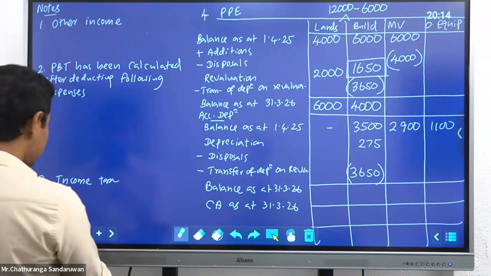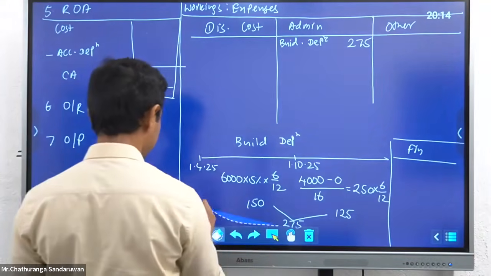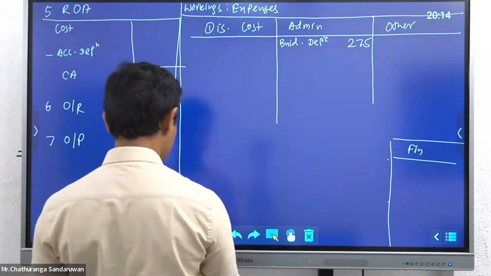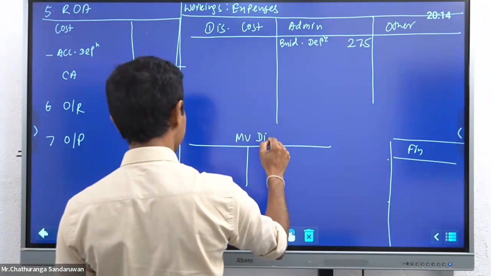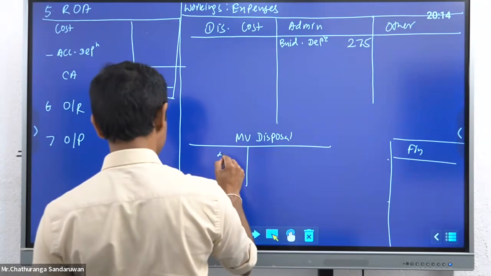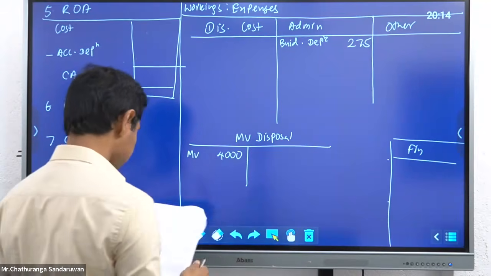And then if you prepare a disposal account, let me prepare it here. Motor vehicle disposal account. Cost is 4 million, right? Came from the motor vehicle account.